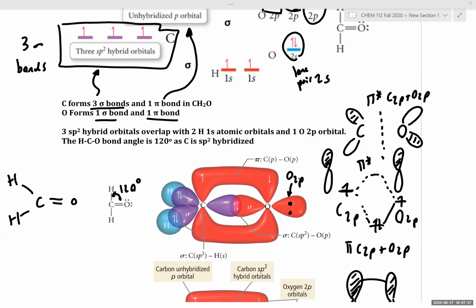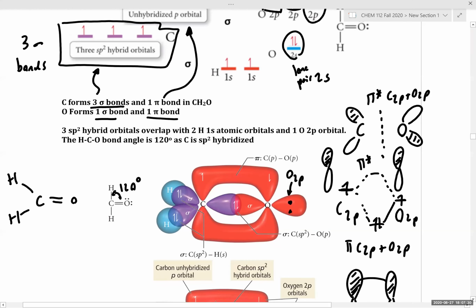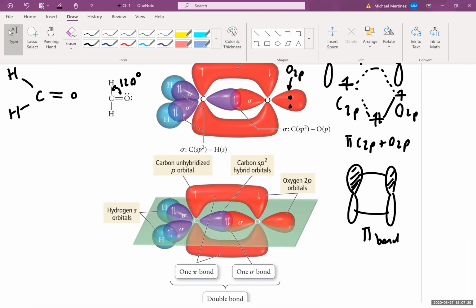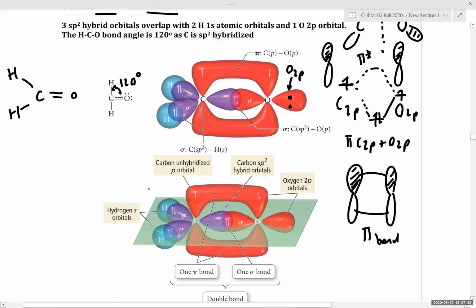Okay, so a complete orbital picture for formaldehyde is shown here. So looking at formaldehyde in detail, let's label each of our sigma bonds and pi bonds that we've discussed. So we have a sigma bond between a carbon sp2 and a hydrogen 1s orbital. We also have a sigma bond between a carbon sp2 and an oxygen 2p orbital. And we have a pi bond between our oxygen 2p and our carbon 2p orbital.